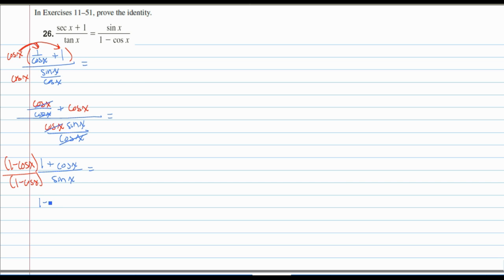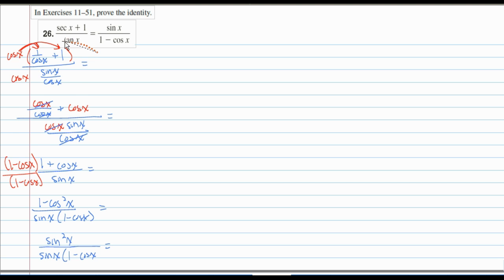In the numerator I now have my difference of squares, 1 minus cosine squared of x. And in the denominator I have sine of x times 1 minus cosine of x. 1 minus cosine squared is sine squared of x, so that will cancel out with the sine of x in the denominator.